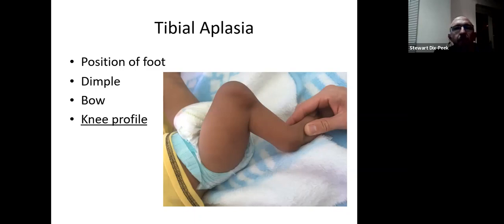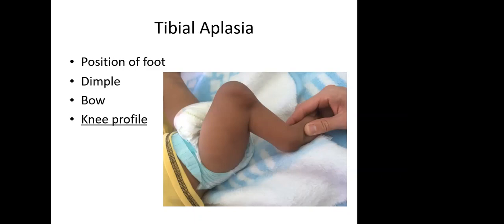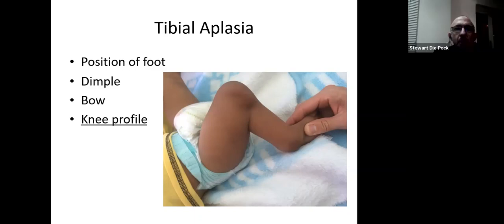Okay. So put this in as clinically a tibial aplasia for those reasons. There's the gap in the tibia. It would be a bit of a stretch to say definitively without x-rays, etc., that this is what it is, but you've got soft indications that we're dealing with a tibial aplasia.